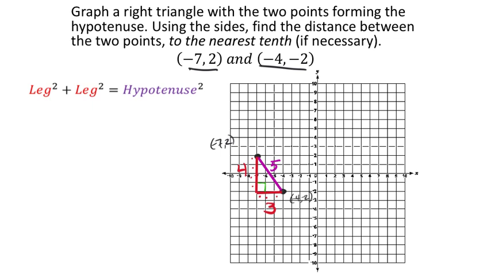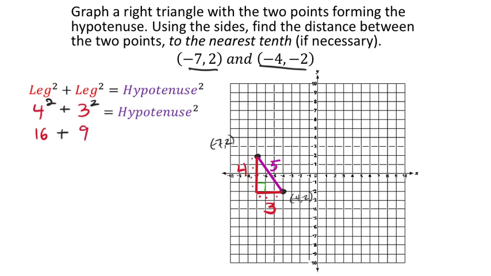Okay, so my first leg I'm going to say is the 4, although you could make it 3. The second leg I'll make 3. And if I take the 4 to the power of 2 and add 3 to the power of 2, it's going to be the same as the hypotenuse, also to the power of 2, as a square. So, evaluating these, 4 to the power of 2 is 16. 3 to the power of 2 is 9, 3 times 3.